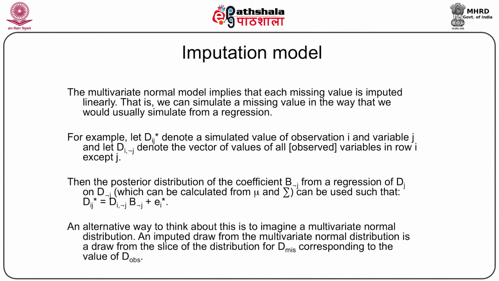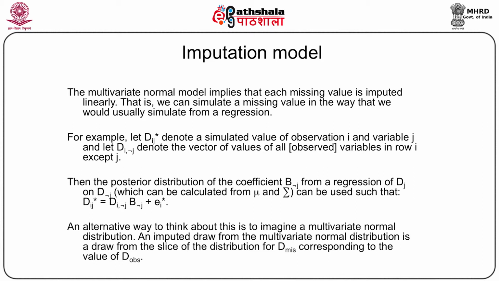Then the posterior distribution of the coefficient b sub minus j from a regression of d sub j on d sub minus j, which can be calculated from mu and sigma, can be used such that d sub ij star is d sub i,minus j times b sub minus j plus e sub i star.